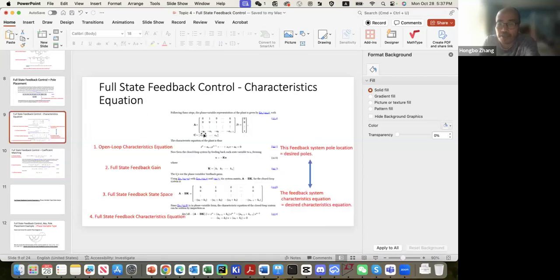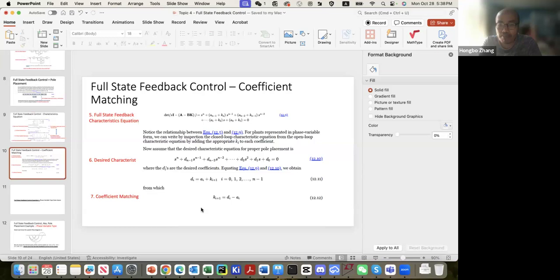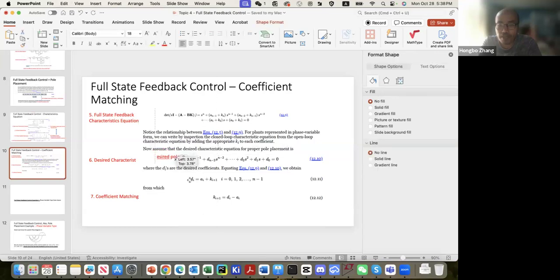Let me write down here. Some students probably don't remember eta omega n. What's that thing? I forgot. Okay, let me write here, in order to be better. So d n minus 1 here, small d, is 2 times the damping ratio multiplied by the natural frequency, right?